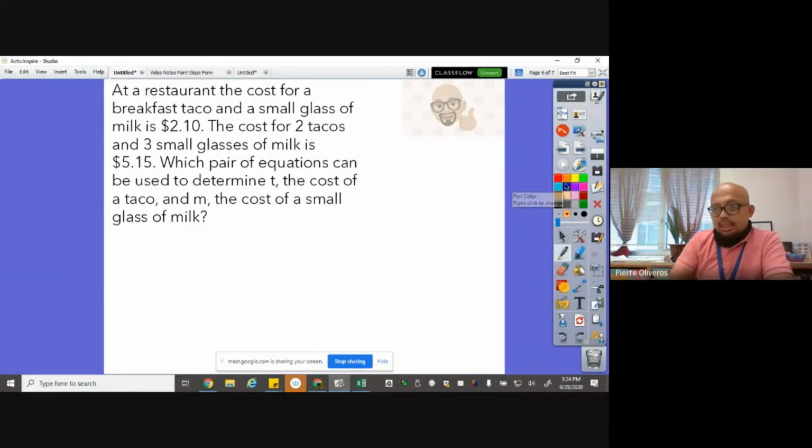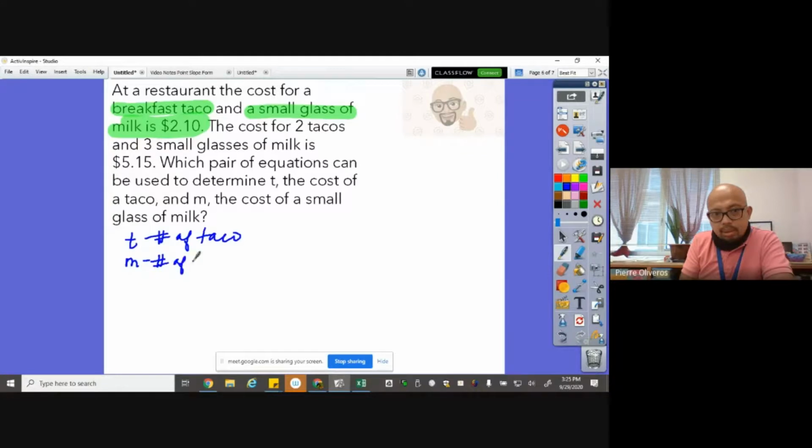Okay. So let's analyze the first situation. A breakfast taco and a small glass of milk will cost us $2.10. So let's say here T is the number of tacos and M is the number of glasses of milk.